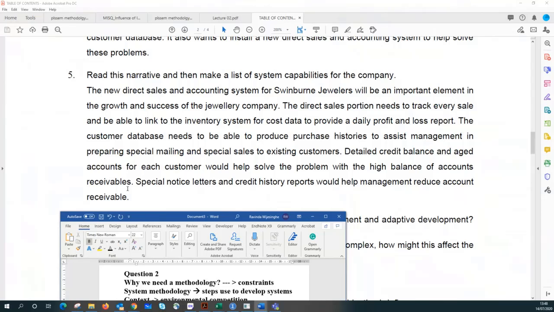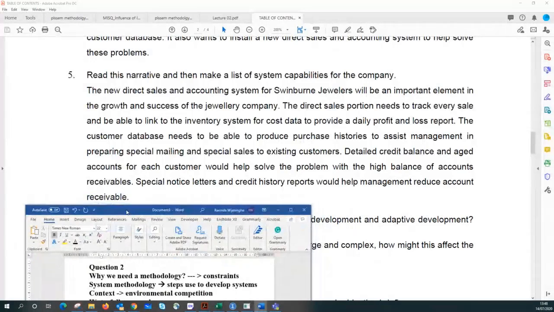That's what it says. Special notice letters and credit history reports would help management to reduce accounts receivable, right? If you can generate, from time to time, some sort of management reports, like credit history reports, it will give management an indication of how they're going to target these aging creditors, right?